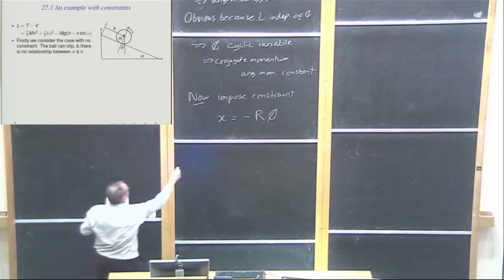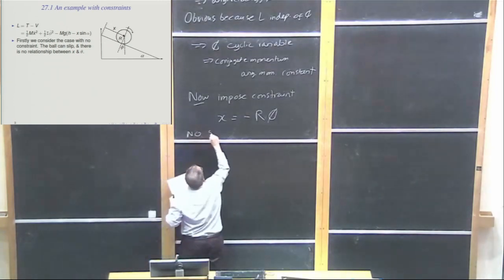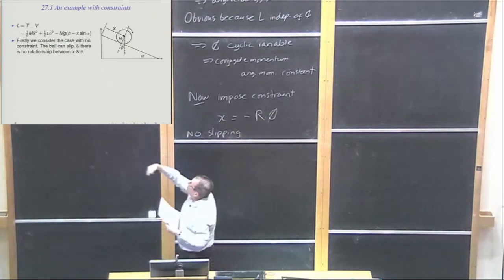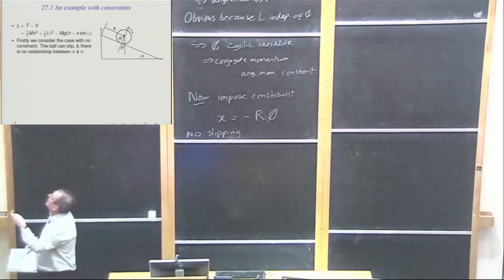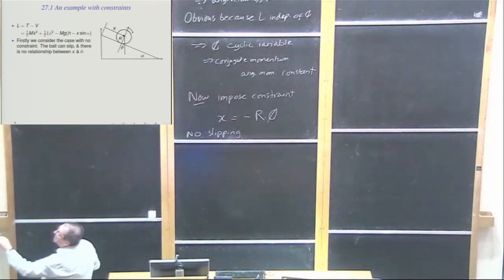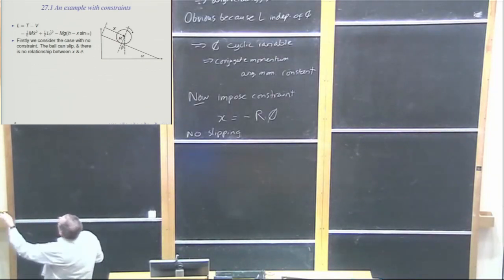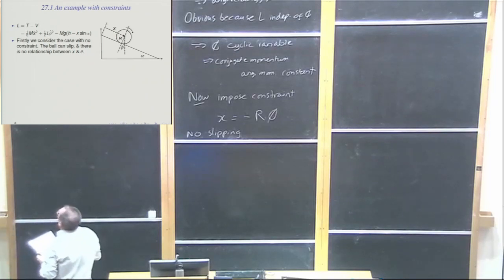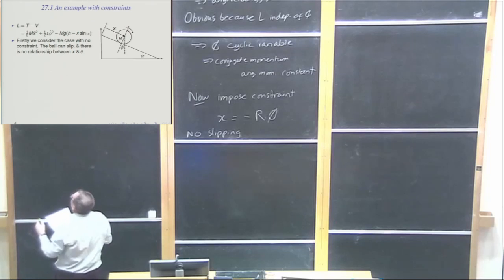The key point is that this means that there's no slipping, so any revolution of the ball must be accompanied by an equivalent amount of motion up or down the slope, and the minus sign is there because if I were to increase phi defined like this, the ball would roll backwards up the slope. Okay, so it's somehow in the opposite direction to x.